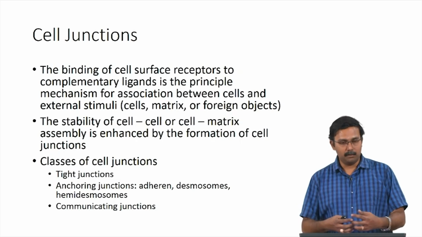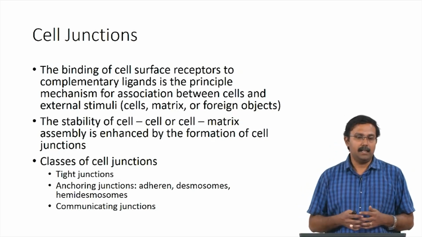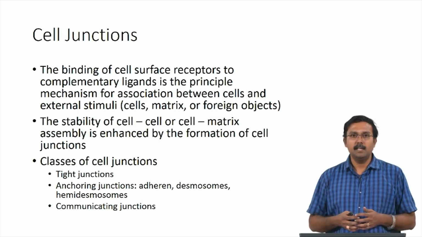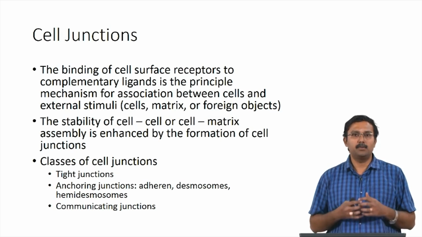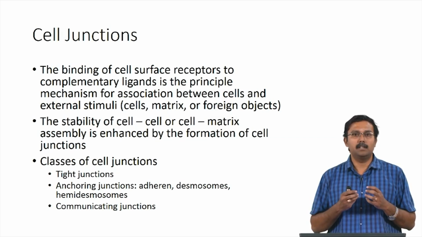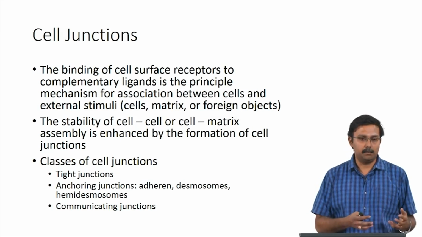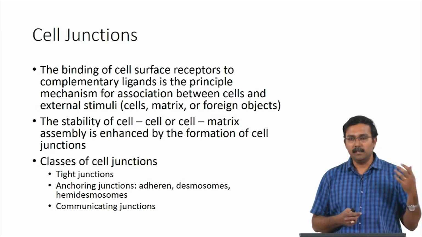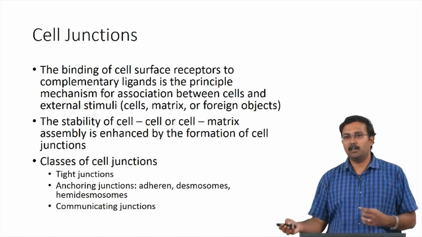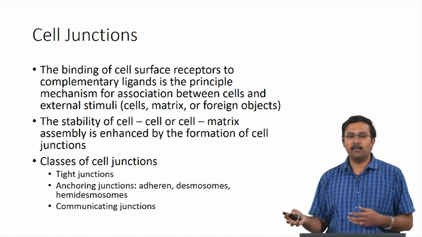So, coming back to the biology aspect of this. So, cell junctions are created when we talk about cell adhesions. The binding of cell surface receptors to complementary ligands is the process in which there is association between the cell and external stimuli. External stimuli could be cells, materials, or cells, matrix, or foreign objects. So, our scaffold would be technically a foreign object, right.